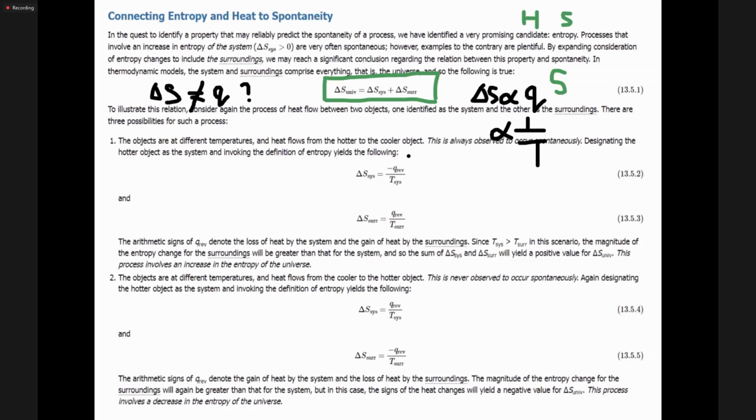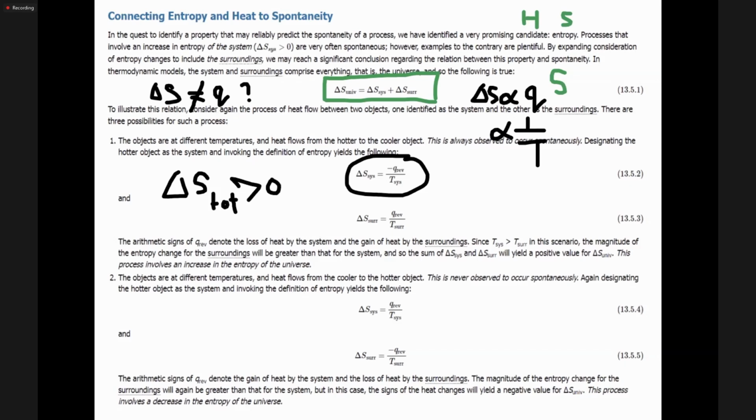So for delta S system, we have the equation: delta S system is minus Q reversible by T system. So delta S is actually Q by T. The total entropy change, delta S total, for the system and surroundings of a spontaneous process will be given by delta S total greater than 0.